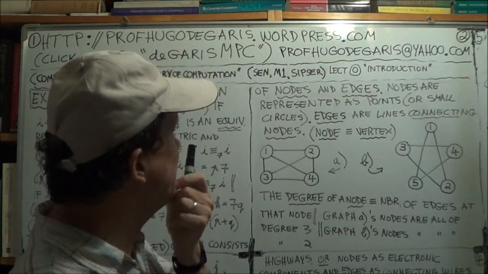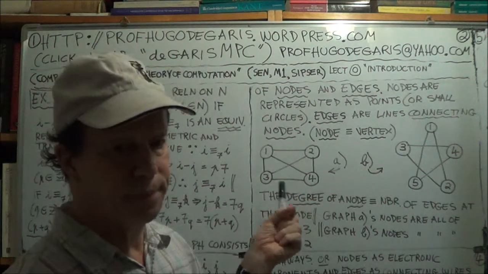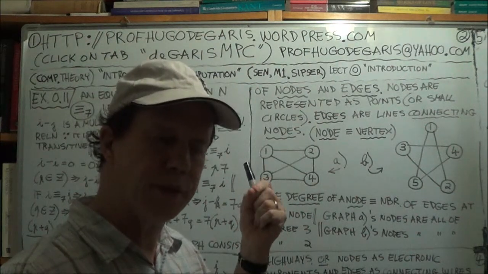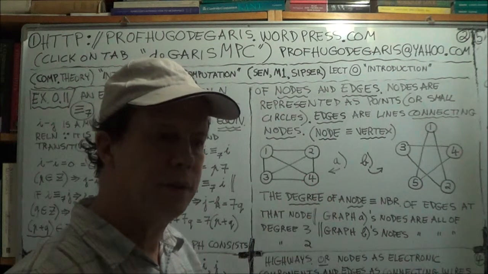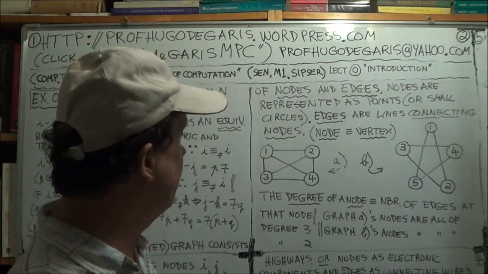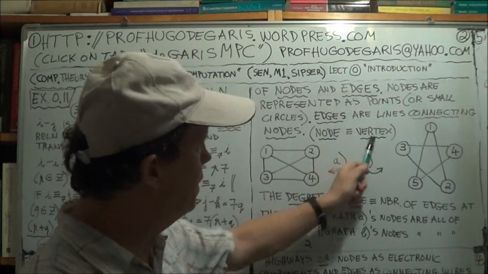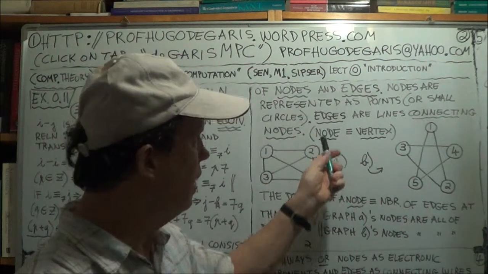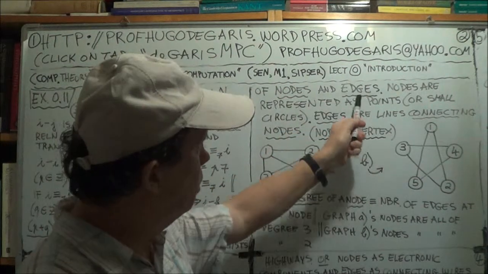You can describe a graph by its nodes or vertices, and its set of edges. Nodes and vertices are the names given to your points or little circles, and the lines connecting them are called edges.